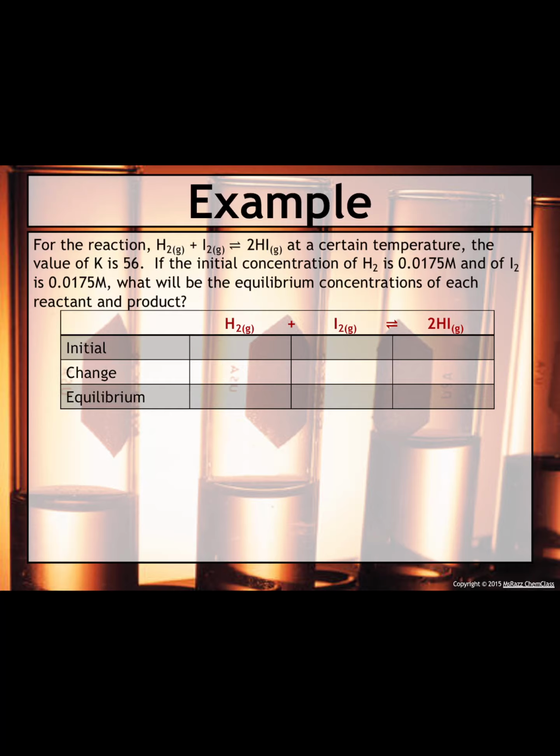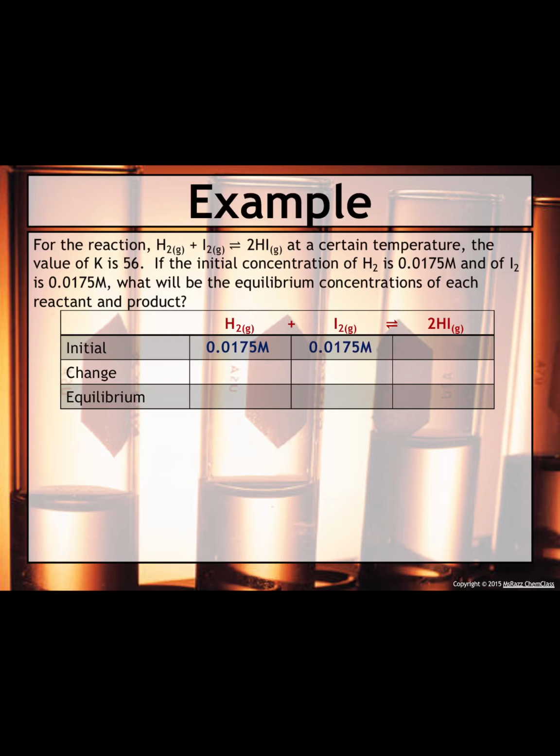So it says, for the reaction of H2 gas plus I2 gas to yield 2 moles of HI gas at a certain temperature, the value of K is 56. If the initial concentration of H2 is 0.0175 molar and of I2 is also 0.0175 molar, what will be the equilibrium concentration of each reactant and product?